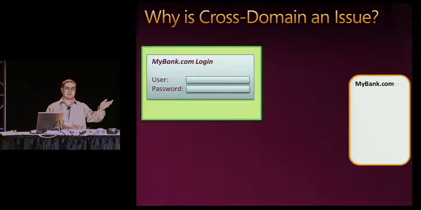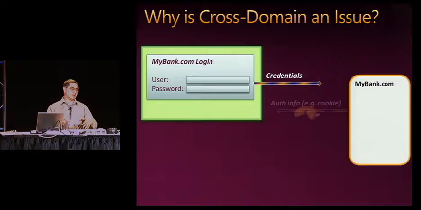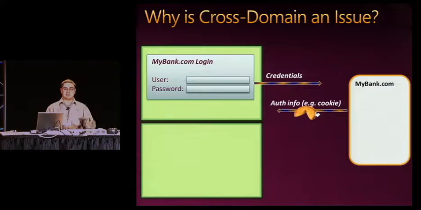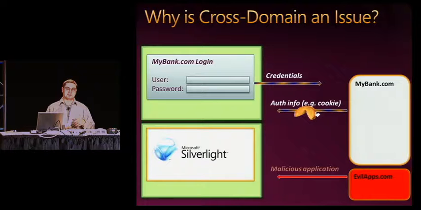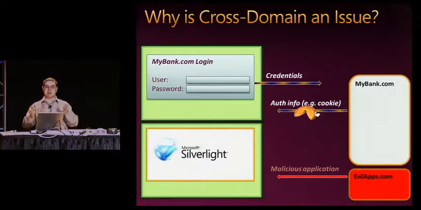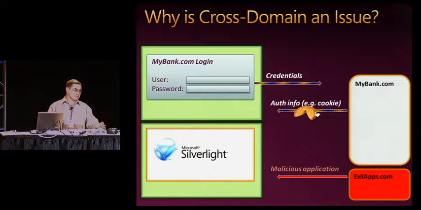Consider a scenario where I'm logged on to mybank.com, I send over some credentials, and I get back some authenticated information. Basically, I set up an authenticated connection to that domain. Then, in another window or another tab, I'm running a Silverlight application from another domain, like evilapps.com, and that application happens to be malicious and unknown to me.